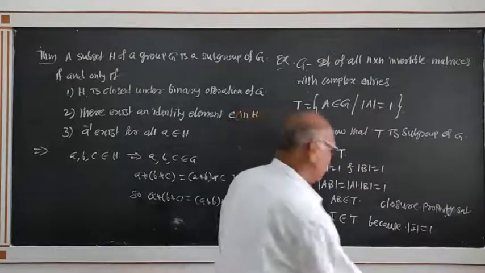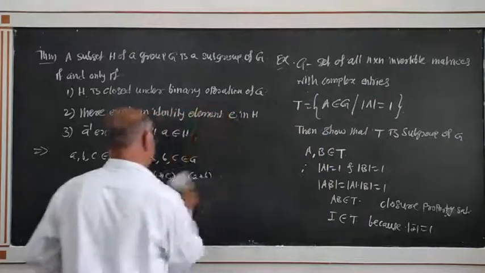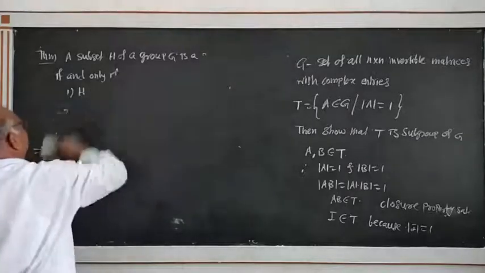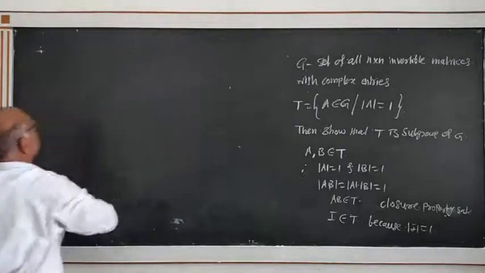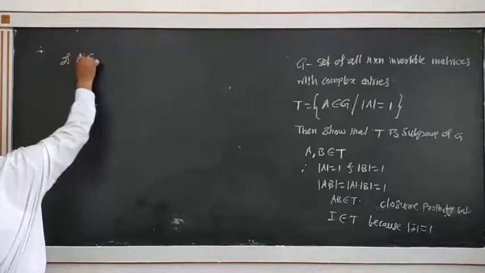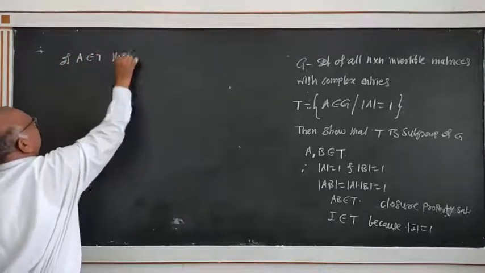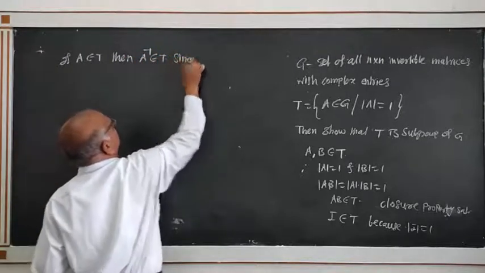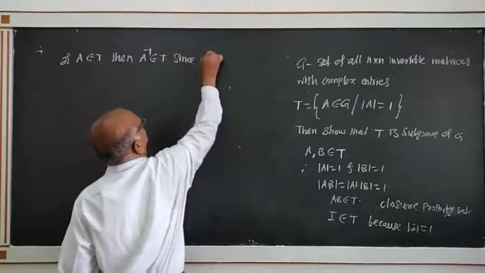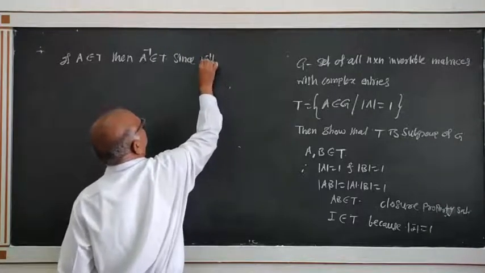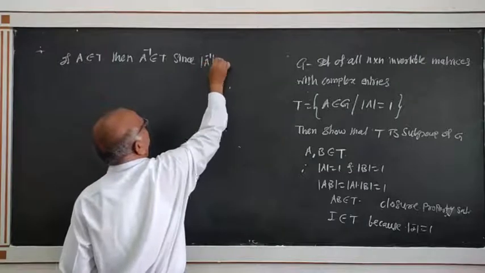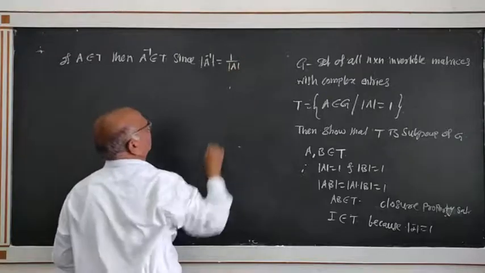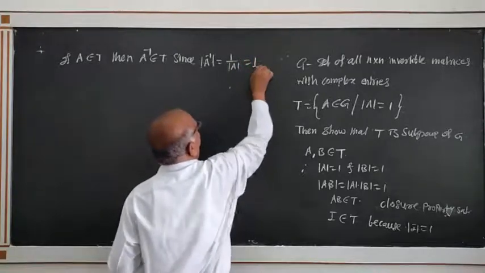And if A belongs to T, then A inverse also belongs to T, since determinant of A inverse is equal to 1 upon determinant of A, and this is equal to 1 upon 1, which is 1.